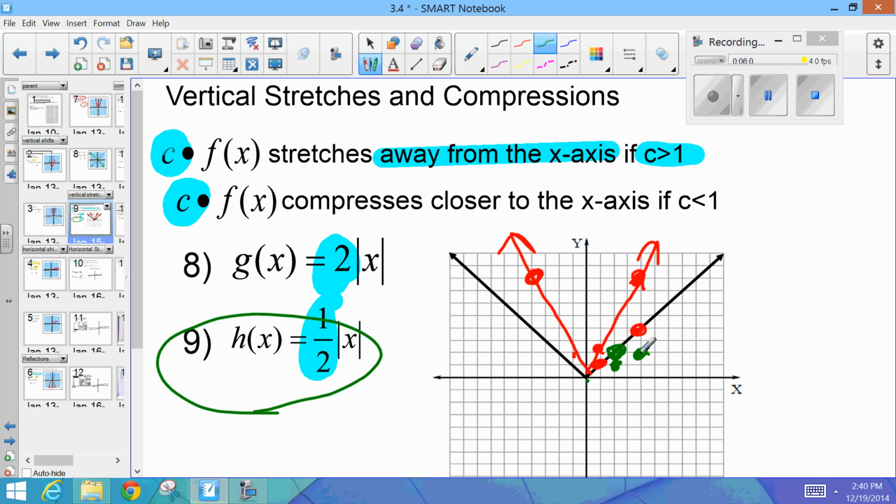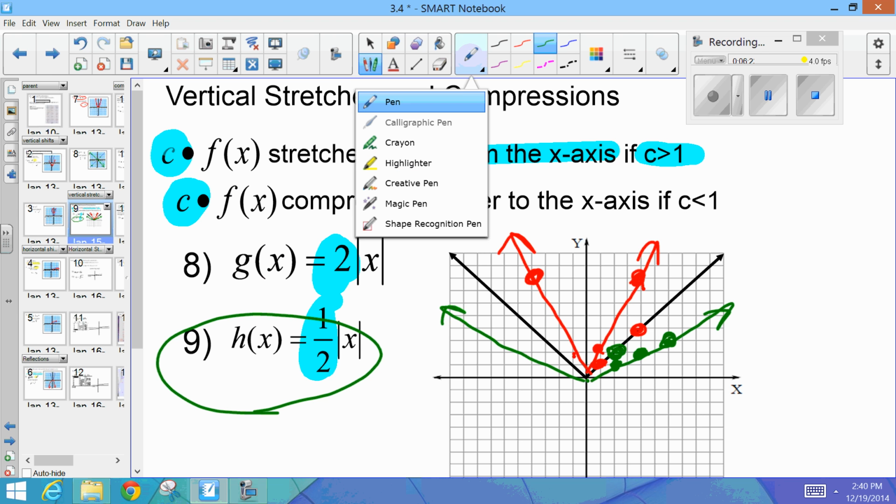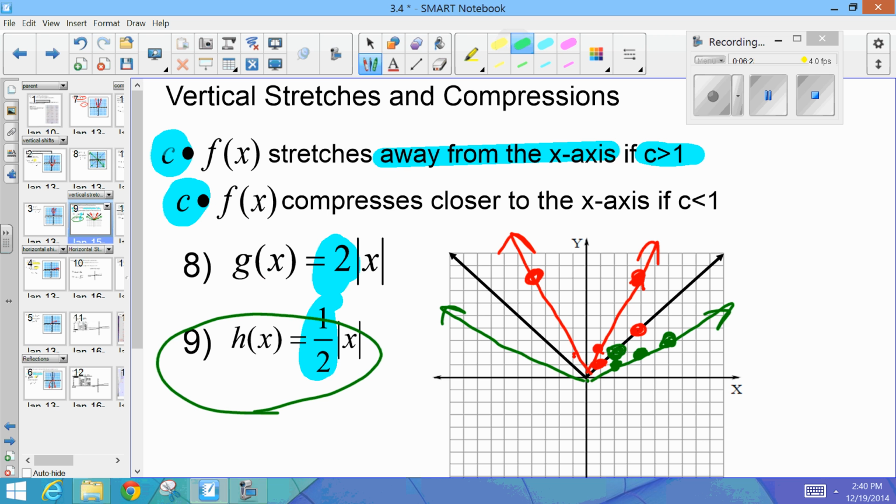And if I were to take the point 6 and then divide by 2, it is coming there, right? So here is the graph of the absolute value multiplied by a number less than 1. It is compressing closer to the x-axis if that number you're multiplying by is less than 1.